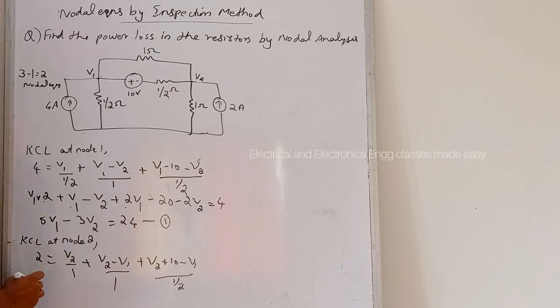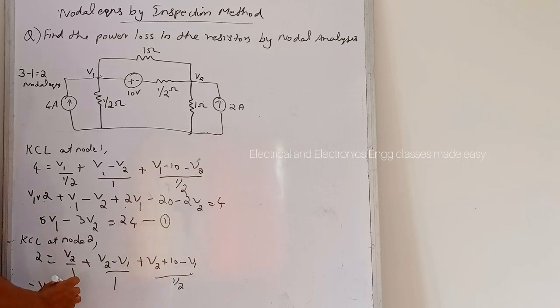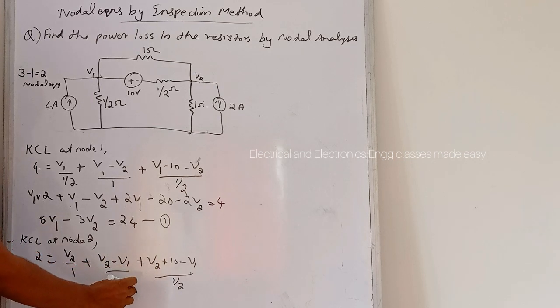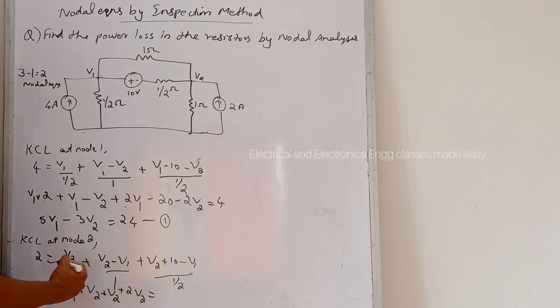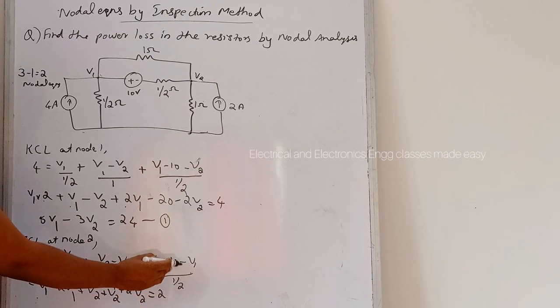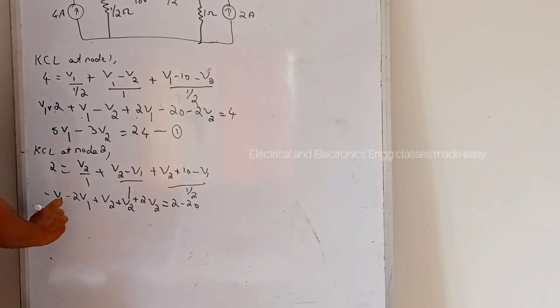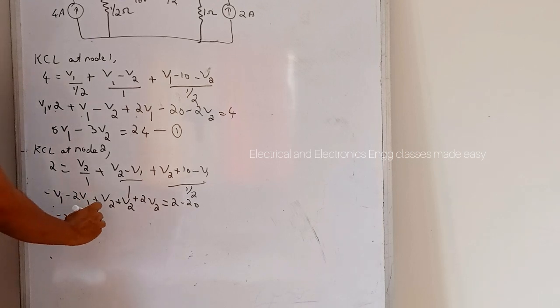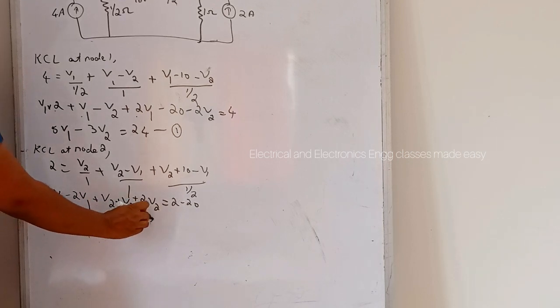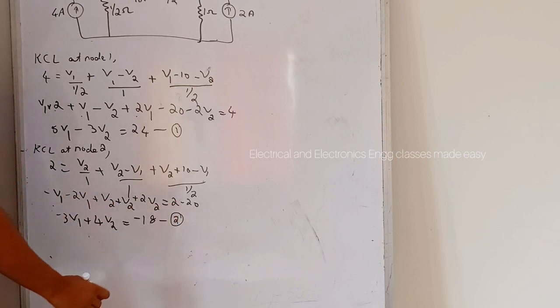After rearranging, we get minus V1 minus 2V1, plus V2 plus V2 plus 2V2, equal to 2 minus 20. That is, minus 3V1 plus 4V2 equal to minus 18. So this is the second equation.